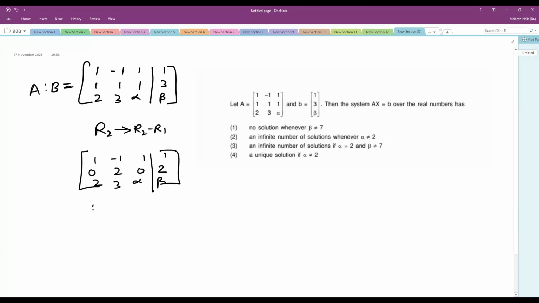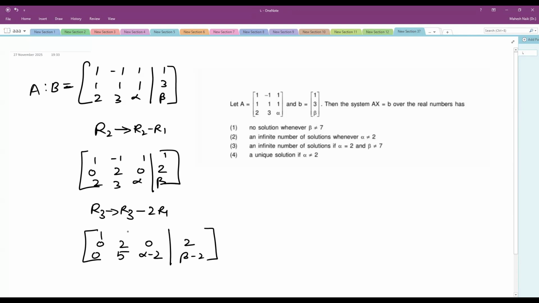We can also go for R3 going to R3 minus 2 times R1, which brings in 0, 5, alpha minus 2, and beta minus 2, with 0, 2, 0, 2, and 1, -1. What next operation can we do?